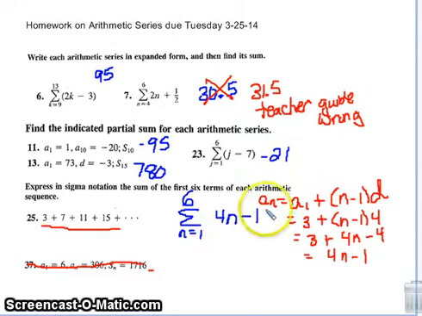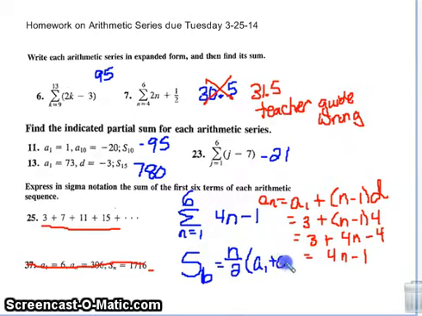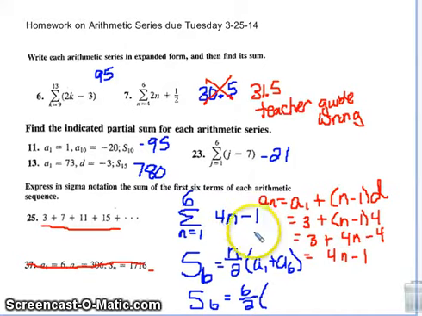If you wanted to actually find what the sum of the first 6 would be, then you would have to do the 6. That's where you would use your n over 2 times a1 plus a6. And then you would say, well, I've got 6 terms, so it's 6 over 2. If I plug the 1 in here, that would give me my first term. So 1, because 4 times 1 is 4, minus 1 is 3, right?